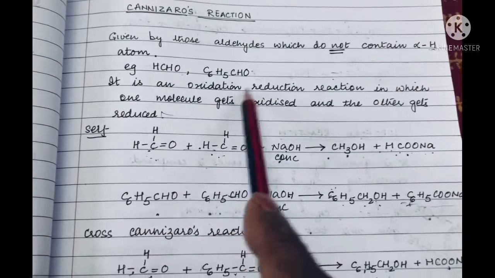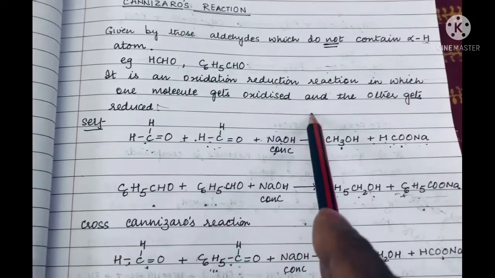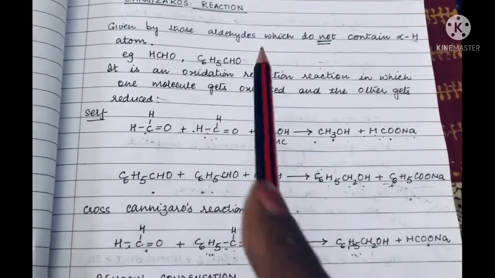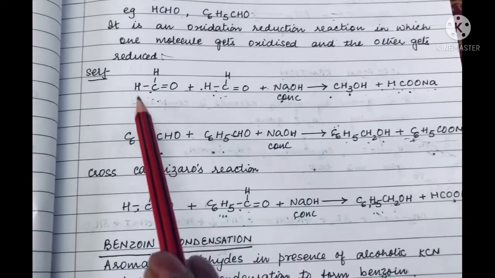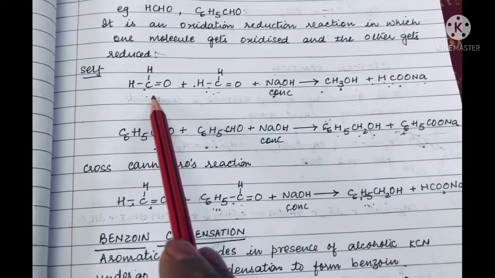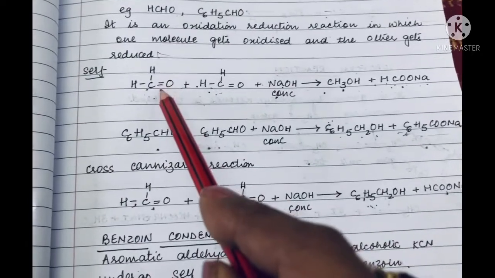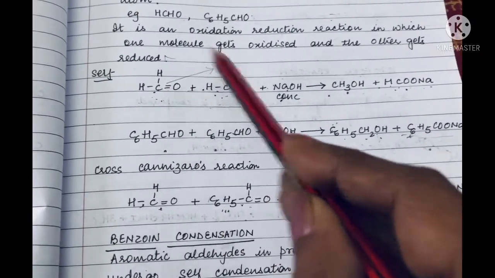It is an oxidation reduction reaction in which one molecule gets oxidized and the other gets reduced. When you learn this, the equation will become easy. Now see here, I have taken two molecules of formaldehyde. One gets oxidized, alcohol aldehyde acid. That means on oxidation, this is going to change into an acid.